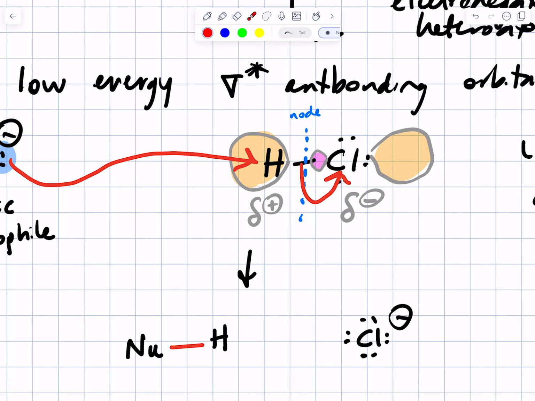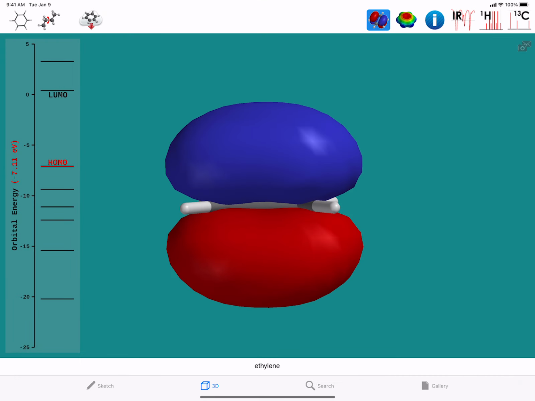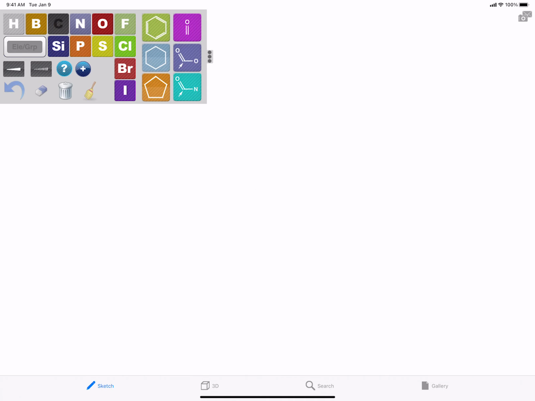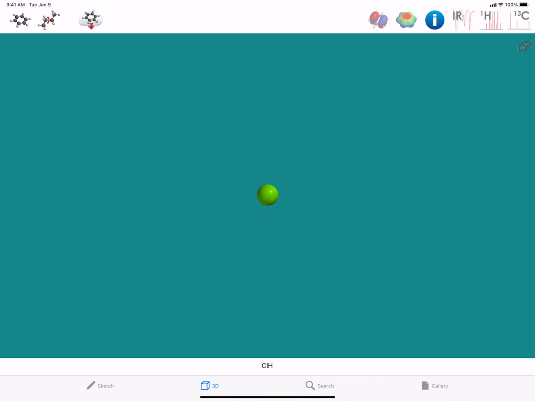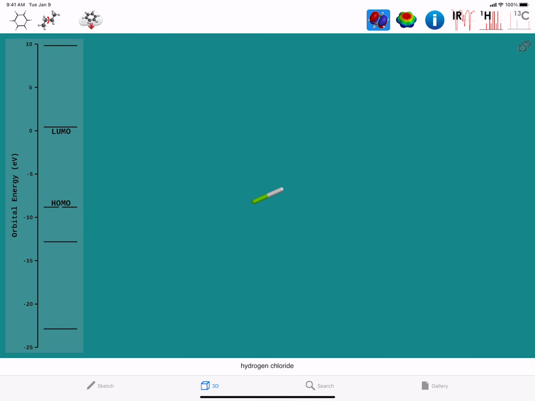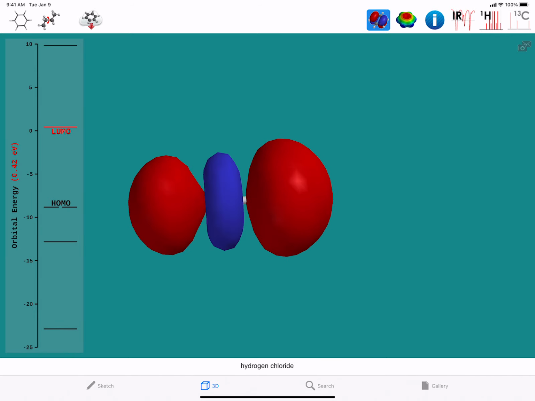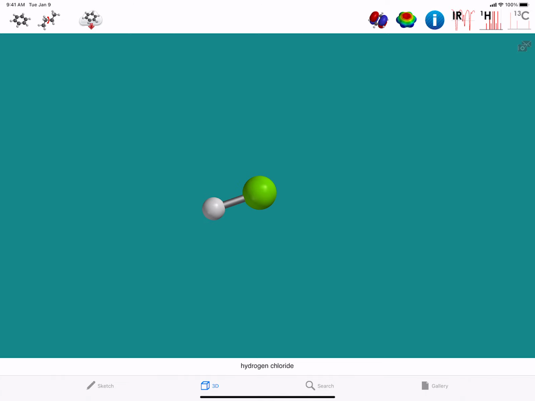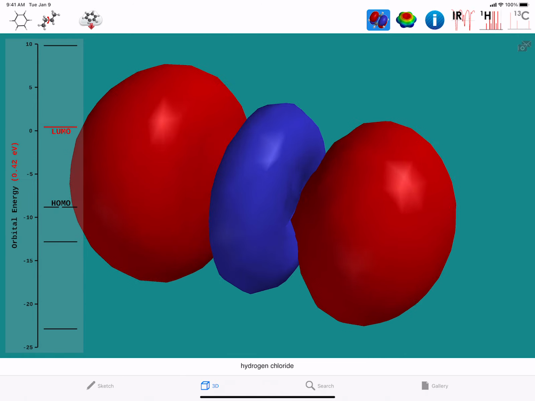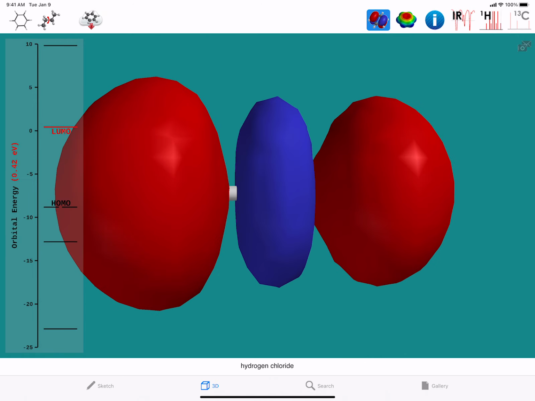No? Okay. Maybe let's draw HCl. There we go. All right, that's what the LUMO looks like. Here is the hydrogen in white, the chloro is in green. I'm going to just turn the LUMO on. You can see that most of the LUMO, and the red and the blue simply mean areas of the wave function that are opposite in sign from each other.